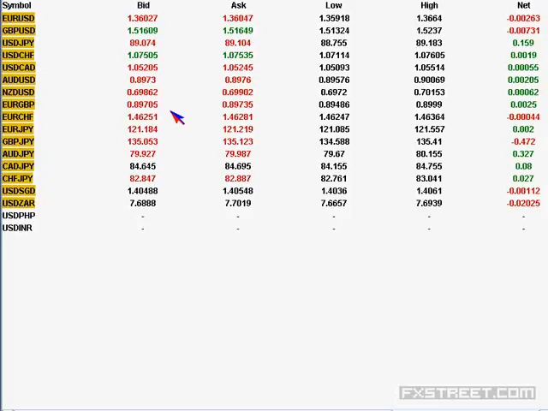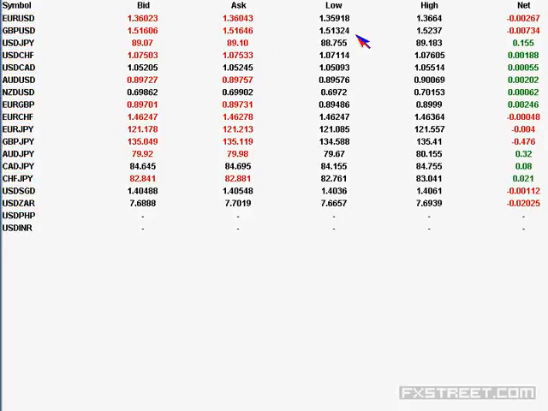Now currently euro is at 1.360305 area. The low is 1.3591 and the high is 1.3664 and the net change is 25 pips negative. And in the case of GBP, you find that it is trading below that of 1.52, the psychological level, and the net change is 73 pips negative, and it has formed a new low, 1.5132.